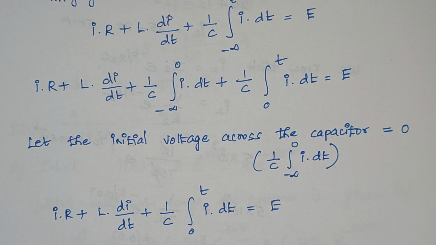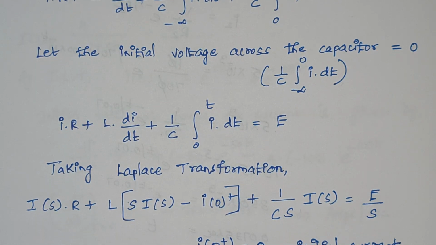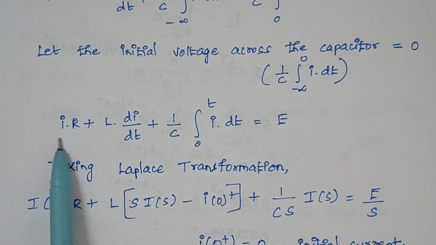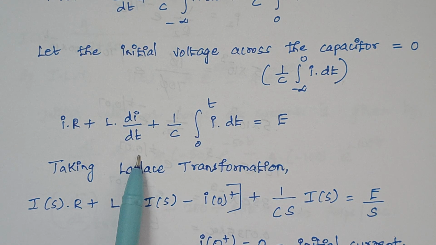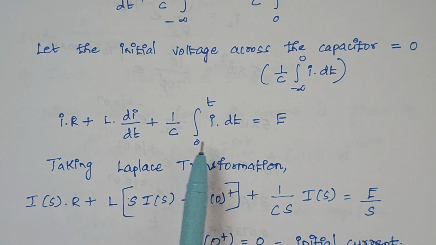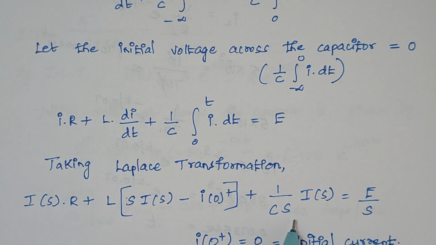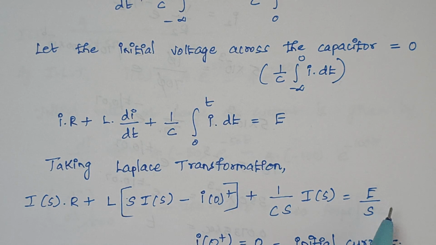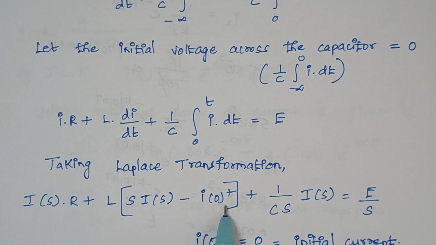Now the next step is we are going to take the Laplace transformation. When you take the Laplace transformation, I into R becomes I of S into R, di by dt becomes S into I of S minus I of 0 plus, and the capacitor term becomes 1 by Cs into I of S, which is equal to E by S. Here I of 0 plus denotes the initial current in the inductor.